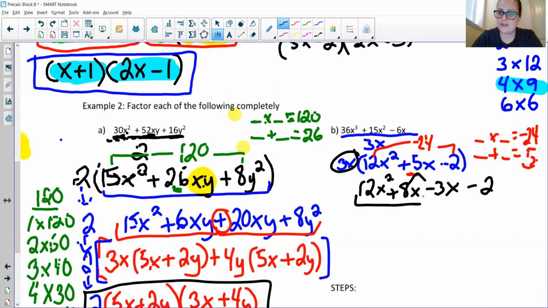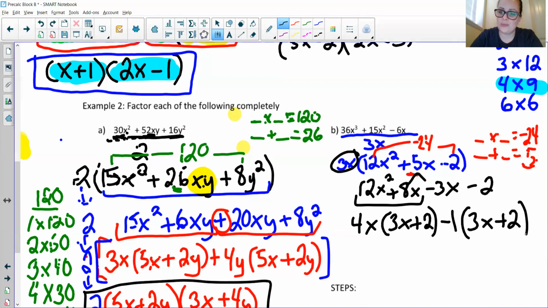Again, we're going to factor the first 2 terms, and the common thing from both of those is 4x, leaving us with 3x plus 2. And the second one, there's nothing common between those. But what can divide into anything at any point in time? That's 1. So remembering that we always use that symbol, so it's going to be a negative 1, and it leaves us with a positive 3x plus 2.